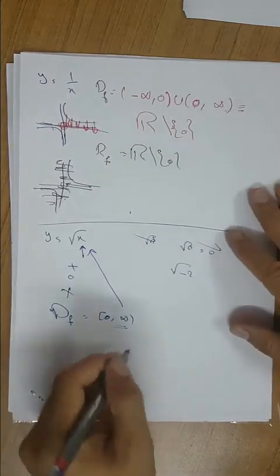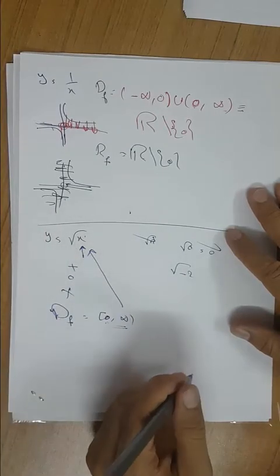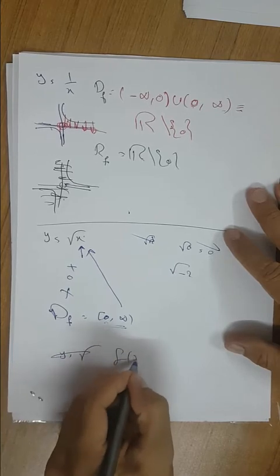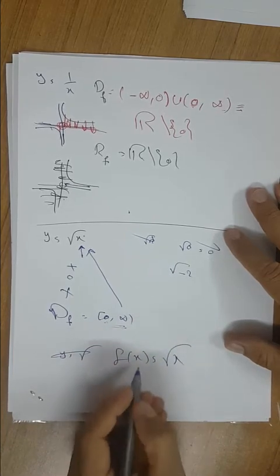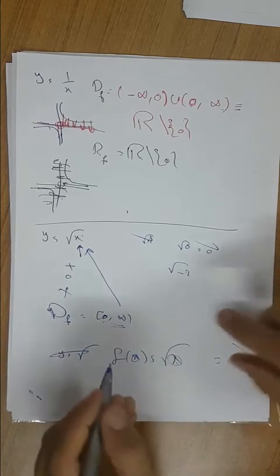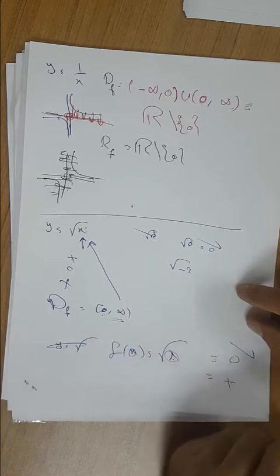Okay, if I put 0 in my factory, f of x is equal to square root of x, I get what? 0. So 0 is the output. If I put 1, 2, 3, 4, 5, 6, 7, I get what? Positive values, right?